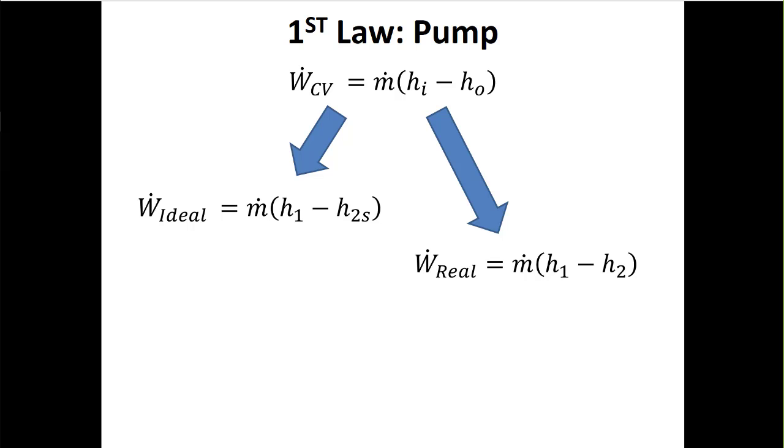Now, here's where it gets a little bit tricky, because again, we want to ask ourselves, which one of these two numbers is bigger? With the turbine, it was the ideal turbine that produced more power, because the power from the turbine was a benefit. The power we're talking about for the pump is a cost, because we've got to plug this pump into the wall.